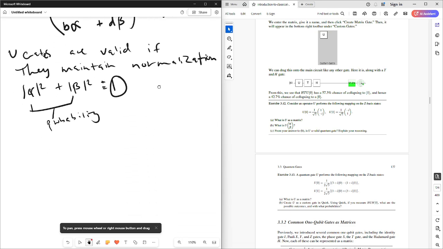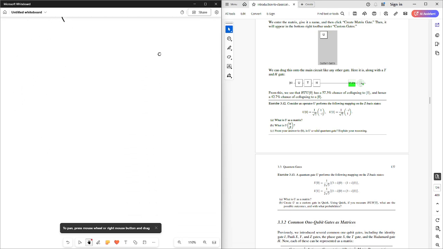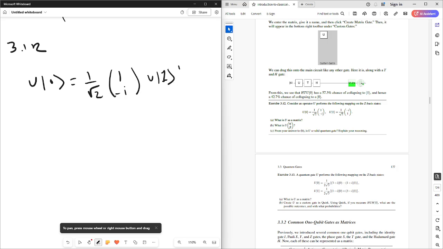So let's scroll down and do a problem just to solidify this. Let's do 3.12. So we have U of 0 equivalent to 1 over square root of 2 times (1, i), and U of state 1 is 1 over square root of 2 times (-i, 1).